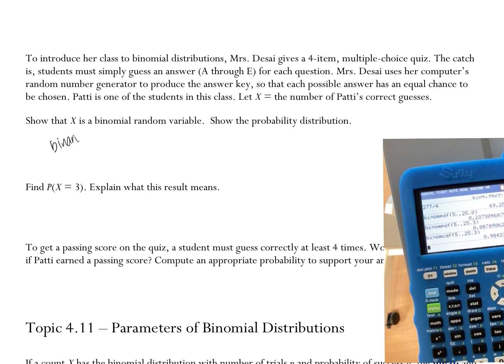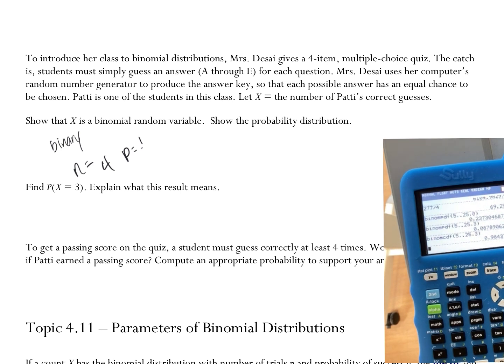You either get the question correct or incorrect. Do we have a set number of trials? What is it? 4. And we have the same probability of success and independence of trials. Does each trial have the same probability of success? And if so, what is it? Yes, it's 1/5, which is equal to 0.2.